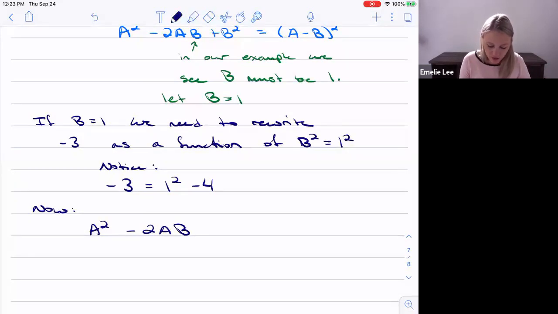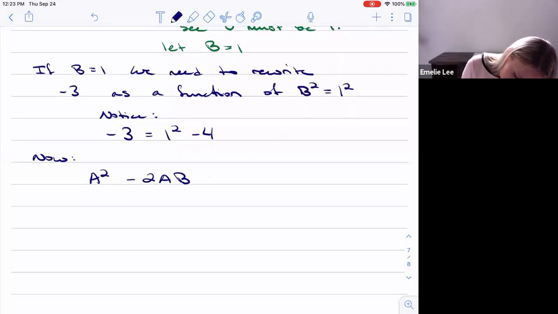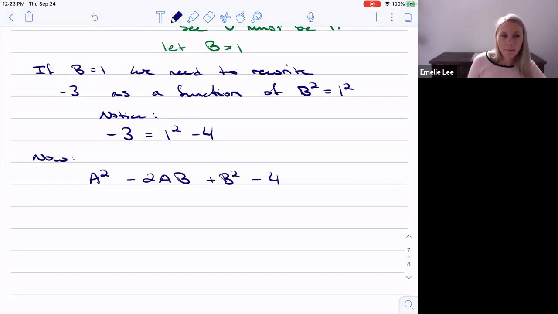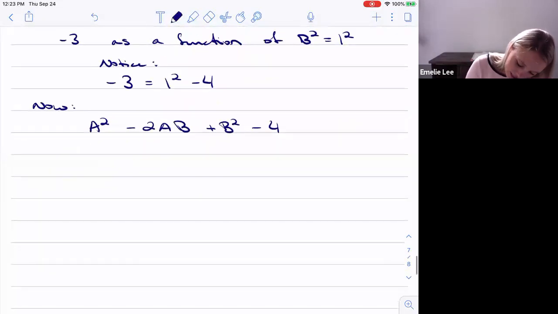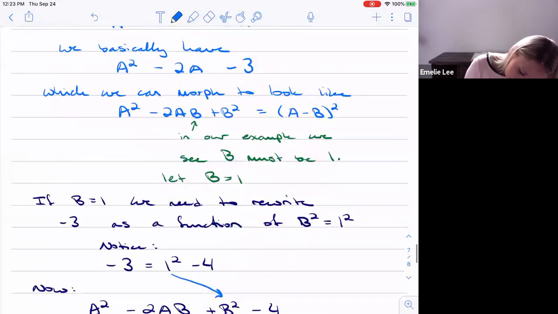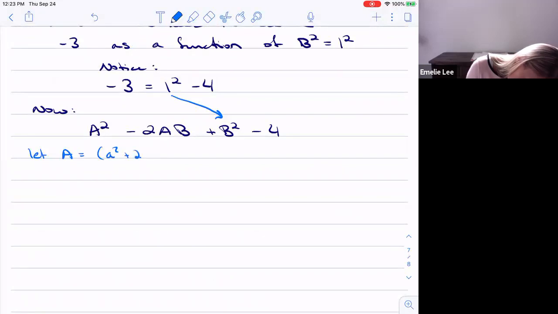So what I have is a squared minus 2ab plus b squared minus 4, right? Because this is my b squared here, which is 1 squared. So let a be the a squared plus 2a, and b be 1, right?